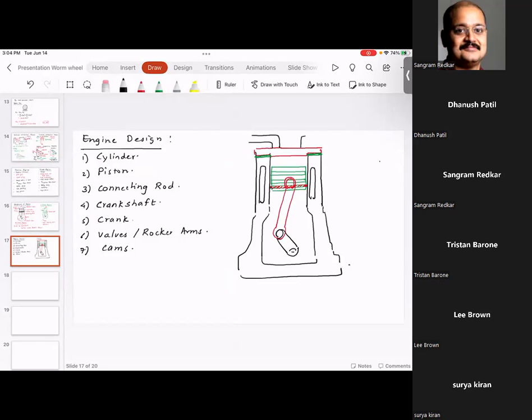You're going to have an exhaust. And then you're going to have a spark plug. Exhaust. Spark plug. There will be bolts.